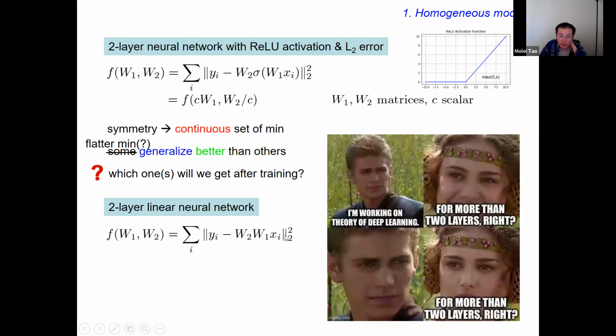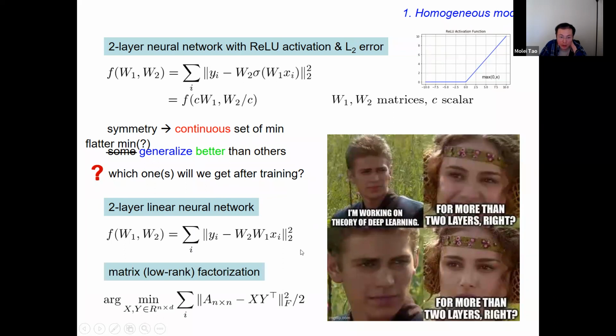So it's still meaningful. And it's also closely related to a problem in data science known as matrix low-rank factorization. There you are given an n by n matrix A, and you want to find a rank D approximation of this matrix.